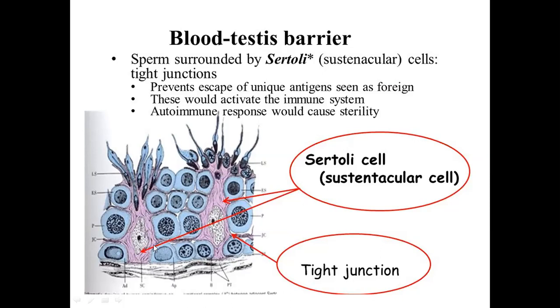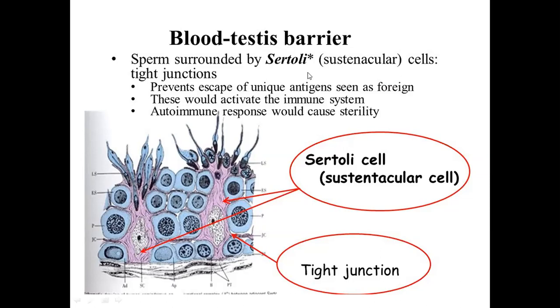And you can see that there are tight junctions between these cells and the developing sperm. These sustentacular cells are also very tightly bound with the basement membrane, so that they can maintain a barrier between the seminiferous tubule and the outer blood vessels, and thus help in proper maturation of the sperm.